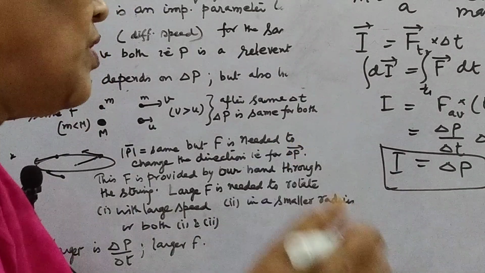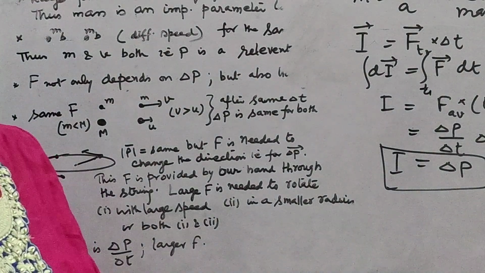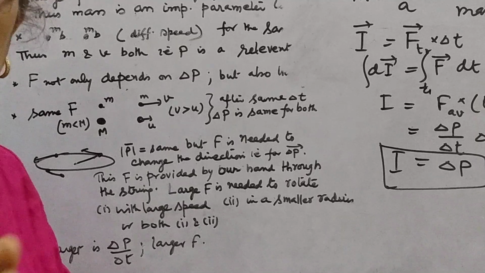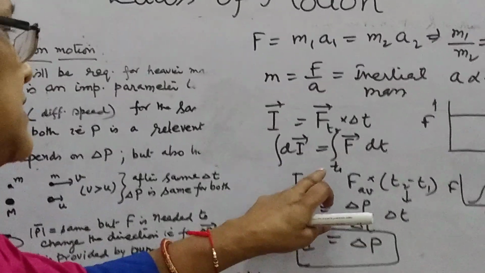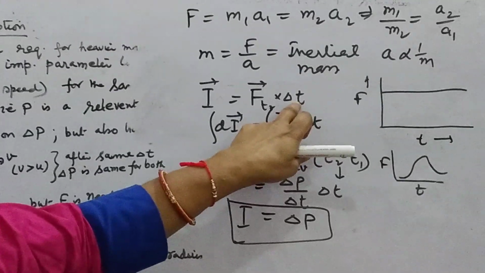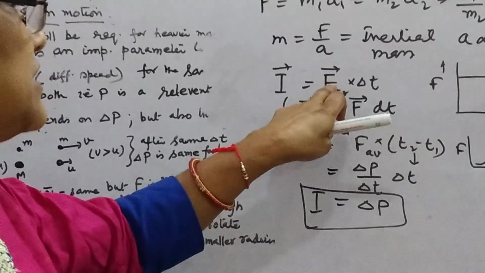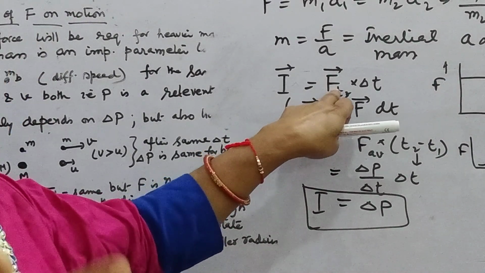Examples are given in impulse numericals, such as shock absorbers used in vehicles and automobiles. Impulse is F into time interval, so if the time interval is increased, the reaction force will be lesser, so lesser jerks are felt.